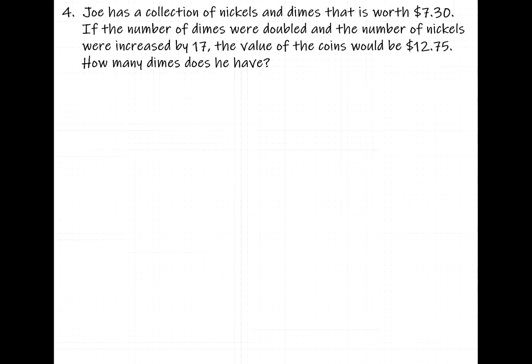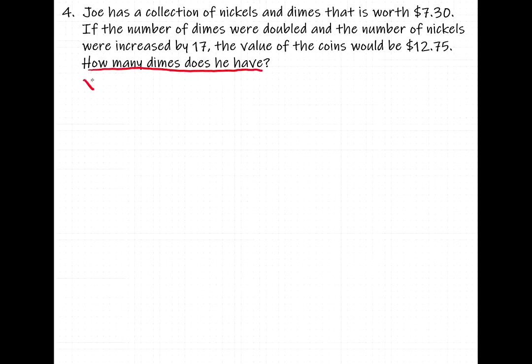Okay, so we'll start this problem in the same way that we've done all the other word problems, and that's by identifying the unknowns that we're working with and giving them a symbol. So the question, how many dimes does he have? So we're looking for the number of dimes.